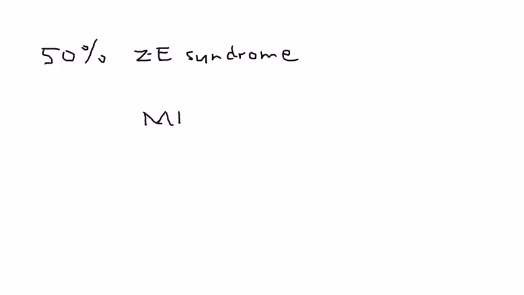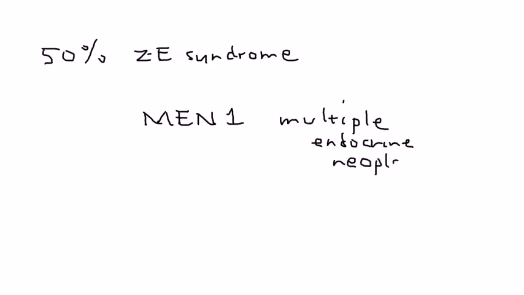One thing that's really important to remember is in about 50% of cases of ZE syndrome, you also have a syndrome known as MEN1, and MEN1 essentially is multiple endocrine neoplasia. Now, what that is, very briefly, is a set of tumors that occur in what I like to remember as the 3 Ps.